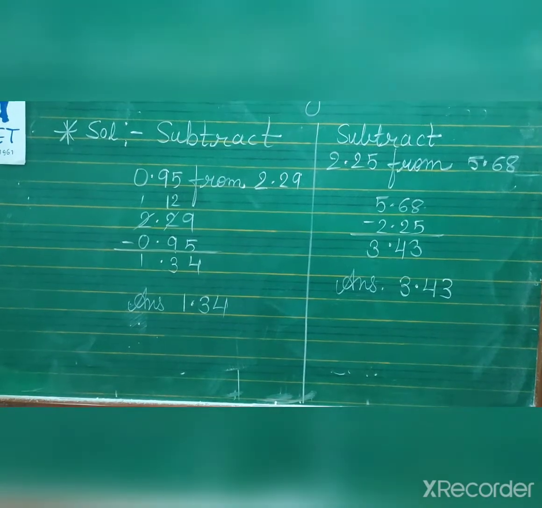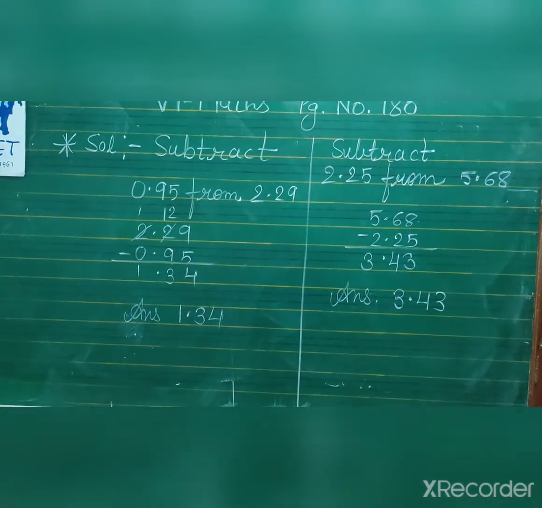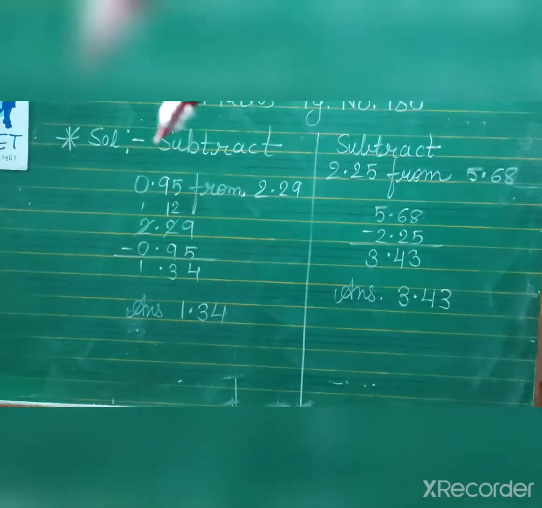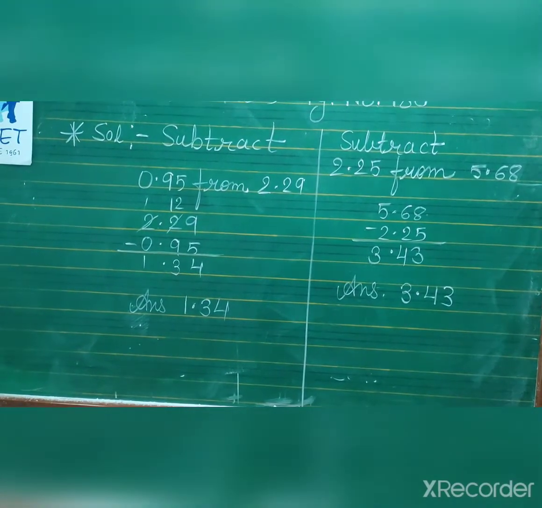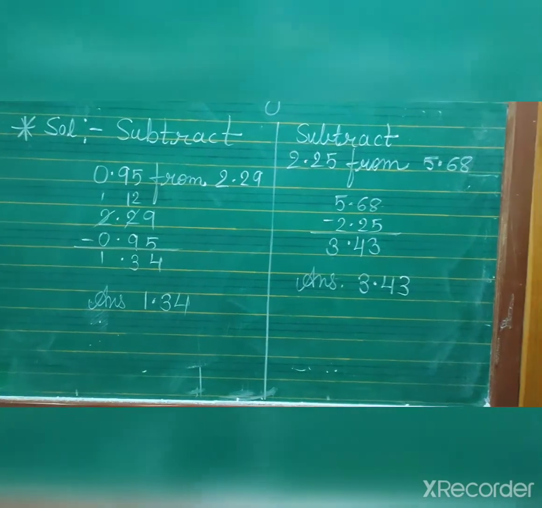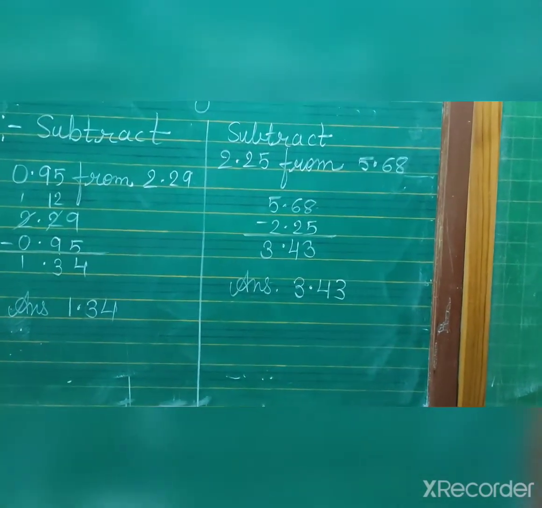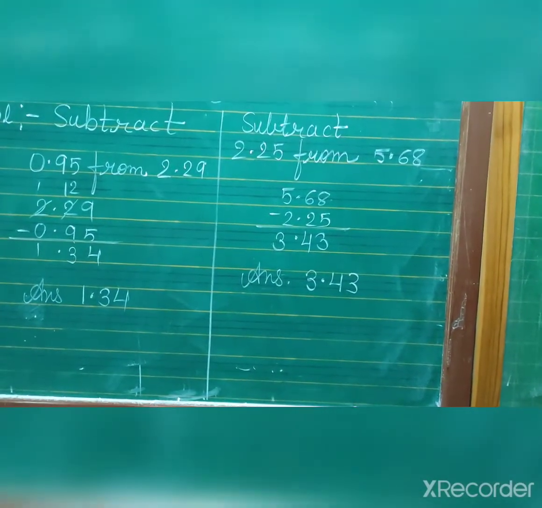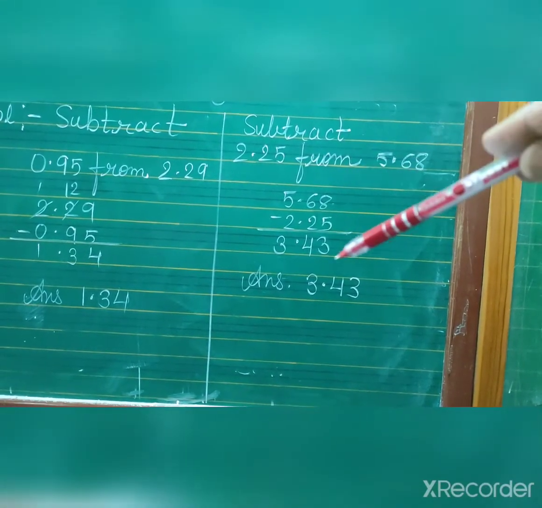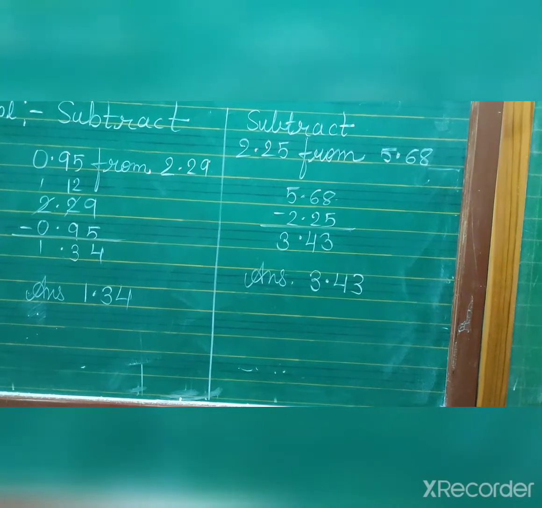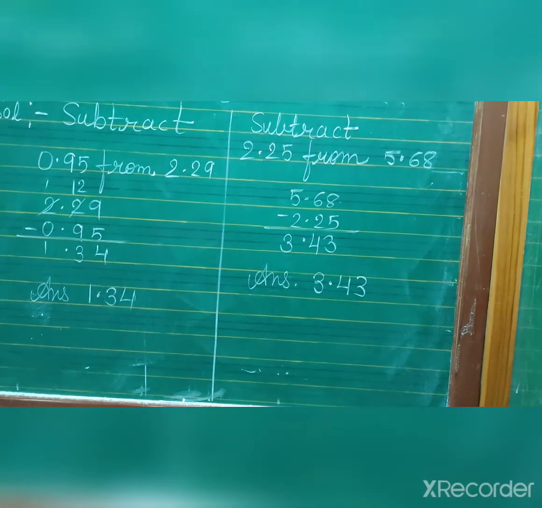Here 2 minus 9 is not possible. 2 will borrow from 2. So 12 minus 9, 3. Decimal, and here 1 is left. So 1 as it is you will bring down. Now subtract 2.25 from 5.68. 5.68 minus 2.25. 8 minus 5, 3. 6 minus 2, 4. 5 minus 2, 3. So 3.43 is the answer.